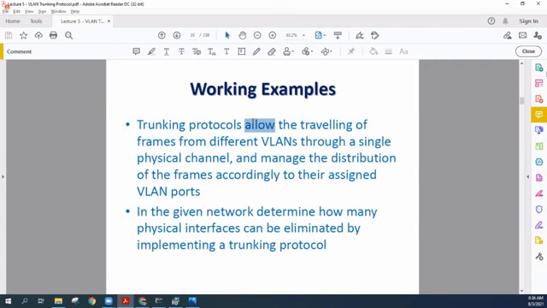Trunk protocols allow the traveling of frames from the different VLANs over a single physical channel and manage the distribution of the frames according to their assigned VLAN. Right? I think you can understand.